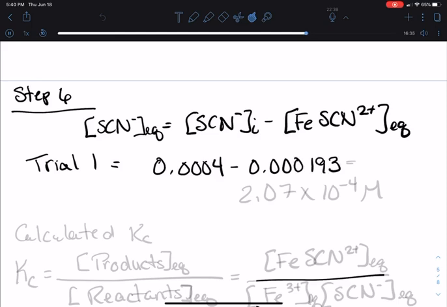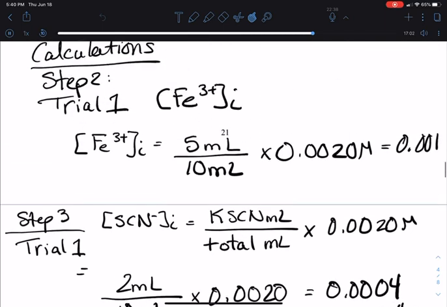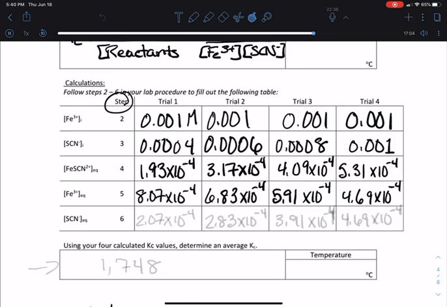And I keep them with the zeros because I am using a cell phone calculator, and that's just easier to input for me. But it doesn't matter how you use them as long as they're right. And so that should equal 2.07 times 10 to the negative 4 for our equilibrium concentration of thiocyanate. So let's add that to the chart. And I've also done the rest, so we're going to add those.